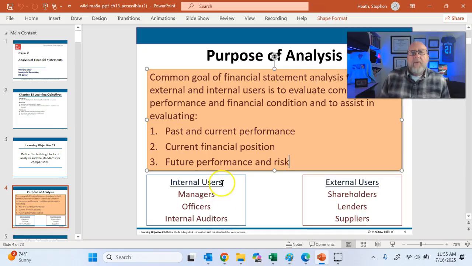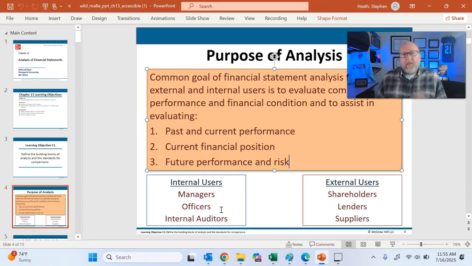Okay, so we have internal users, managers, officers, internal auditors. They want to reach some preliminary conclusions about the business by looking at the financial statements. And then we have external users, the shareholders, stock owners, lenders, suppliers, right?